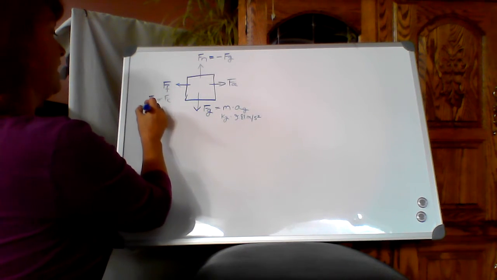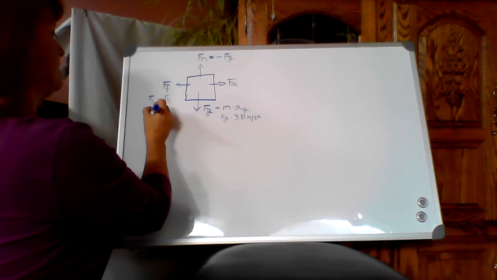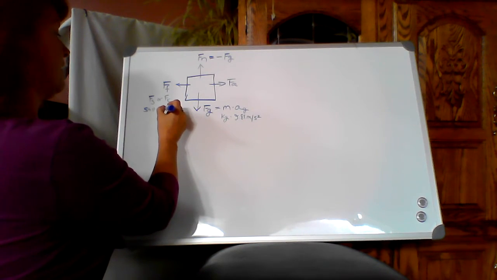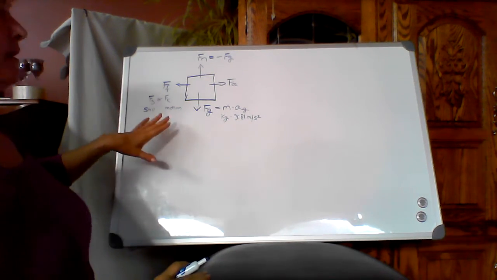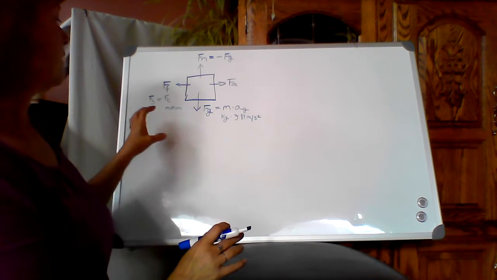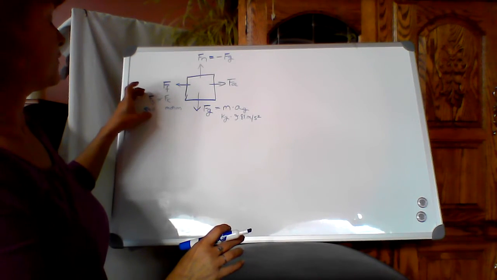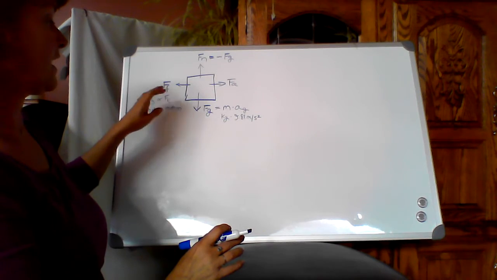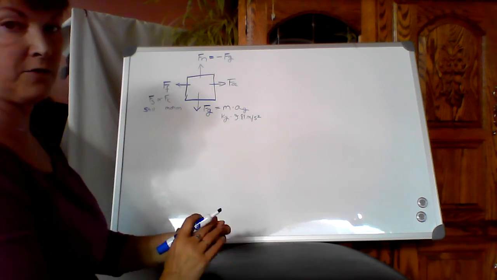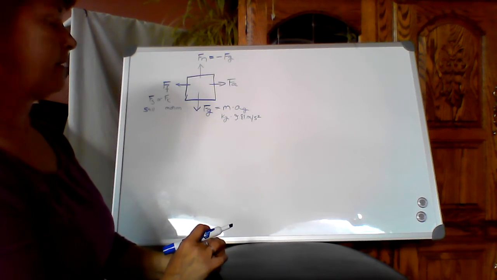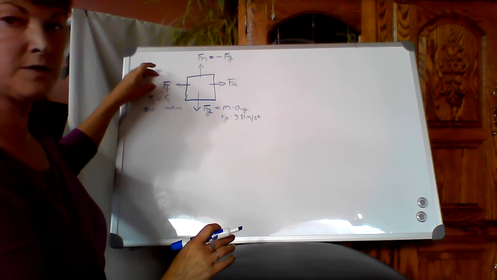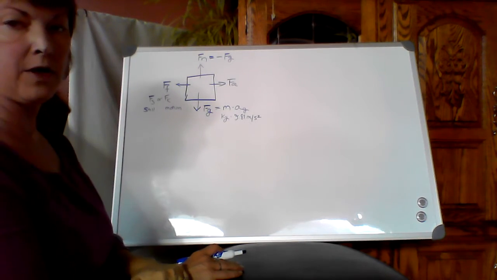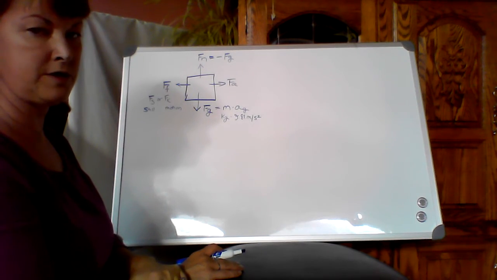If it's static, that means the object is still, it's not moving, and kinetic means that the object is in motion. The force of friction static or the force of friction kinetic mean the same thing as the force of friction. We talked about how in the book he uses just a lowercase f, but we're going to identify all our forces with a capital F, and then a lowercase subscript to identify which type of force they are.